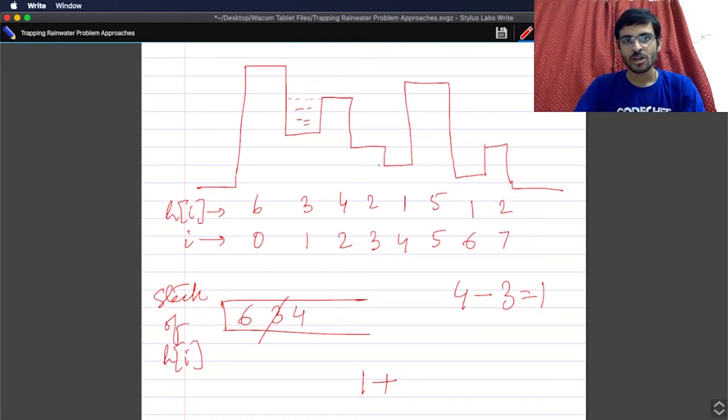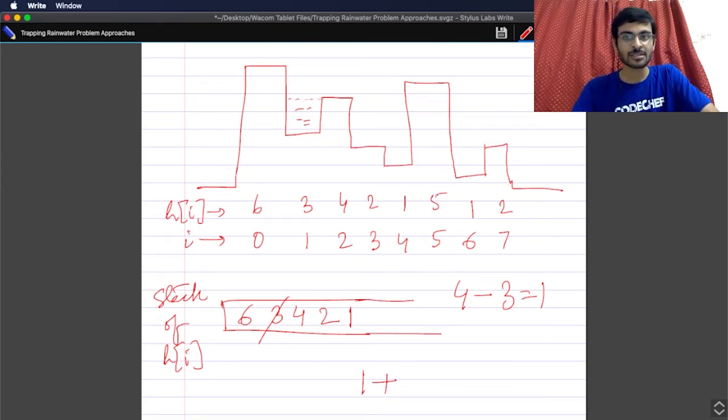Then comes 2. 2 comes and says that see, I cannot help you to add water to yourself, and for myself I have to visit some other node, so for the time being I want to store myself in the stack. It stores itself in the stack. Then it says that okay, what I'm finding is 1. 1 also says I am smaller than you, so it stores itself in the stack. Then we see 5. Remember, I am storing the hi's.